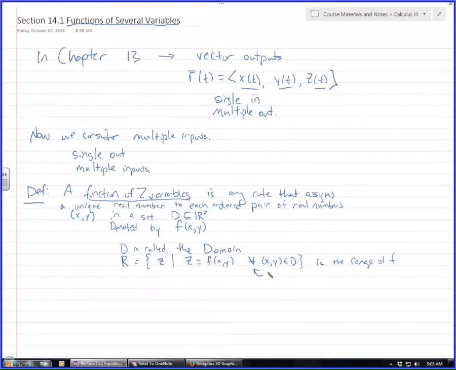This whole thing is the set of all outputs. Now, because it's just a single number, right, we're just looking at some subset of the reals.